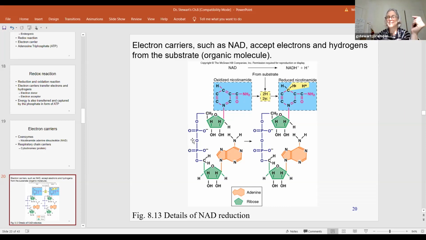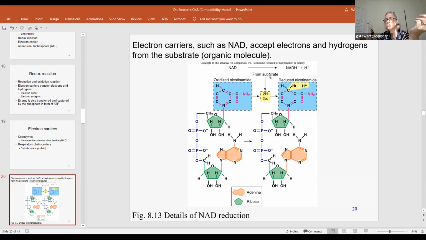And then it's called nicotinamide adenine dinucleotide because there is also the nucleotide A. So we have regular old purine adenine attached to a ribose, a monosaccharide, and a phosphate, right? Because there are two nucleotides, that's why it's called dinucleotide.